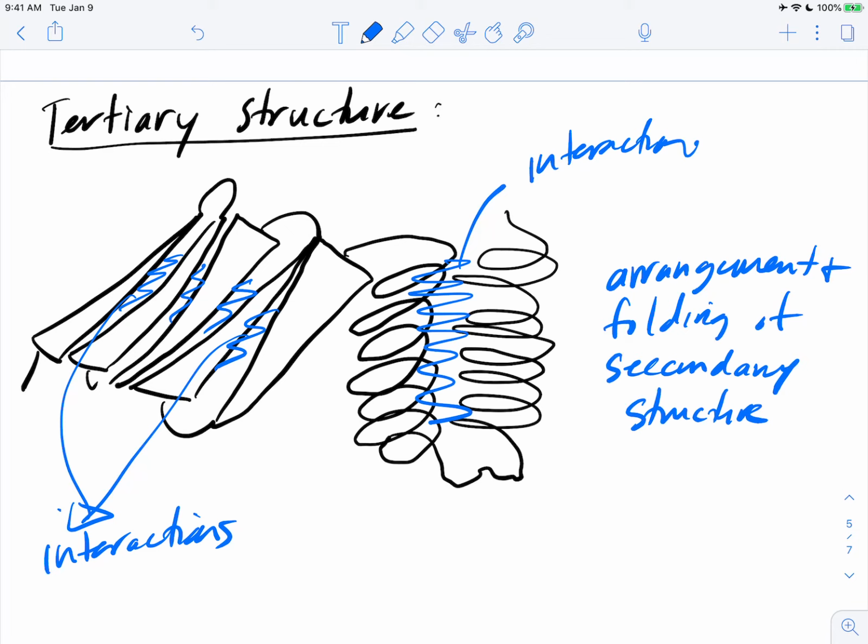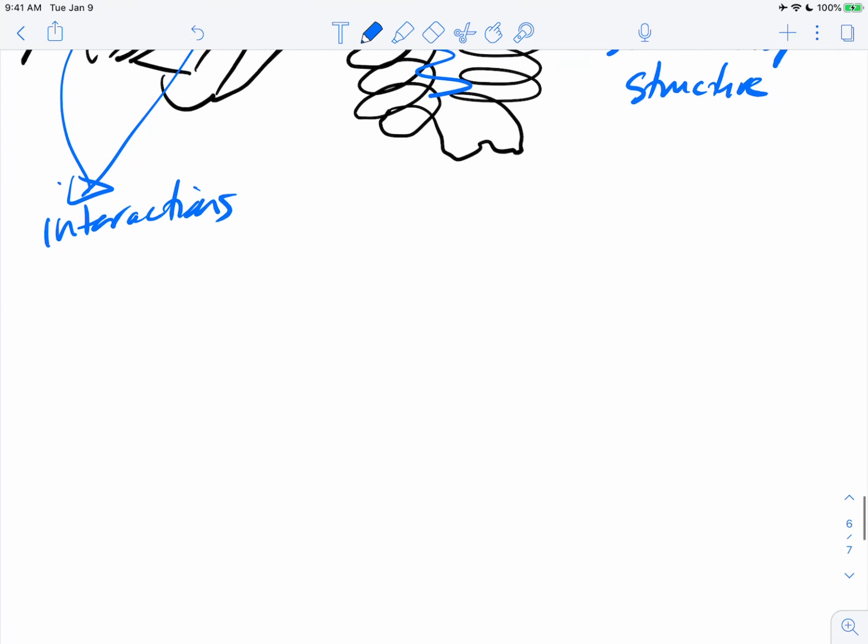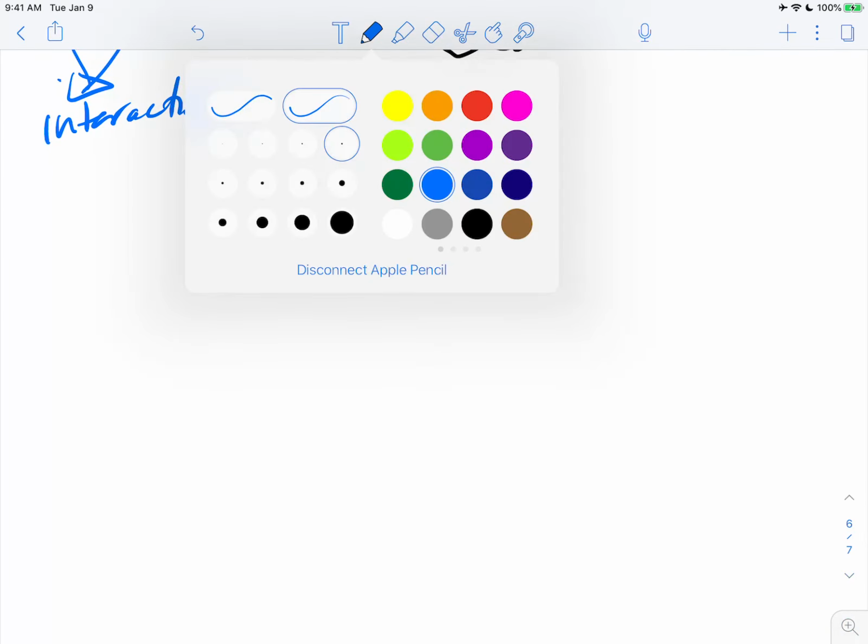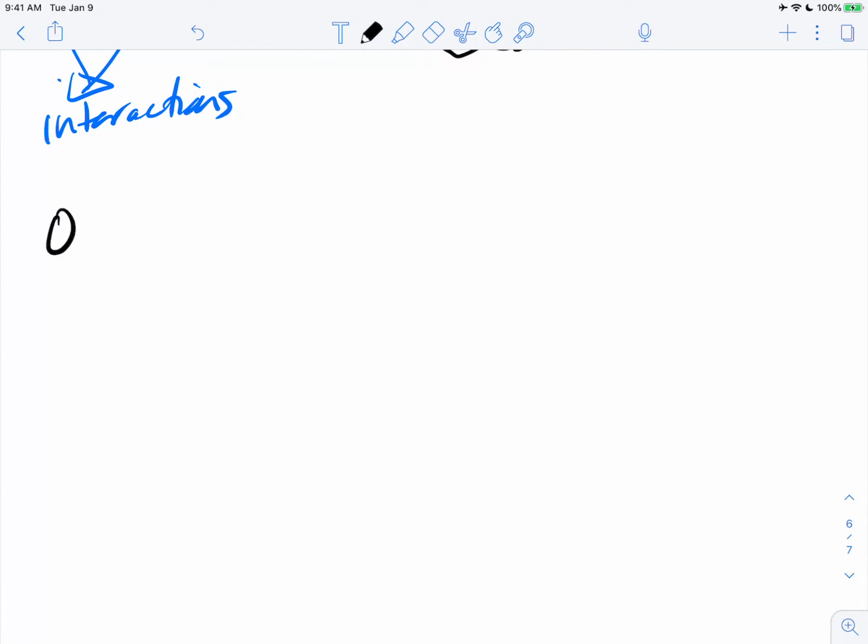And so this then we can zoom out even further. Our tertiary structure, we can have this as one unit, and then we can put those together into quaternary structure. So quaternary structure is as far as you go out.